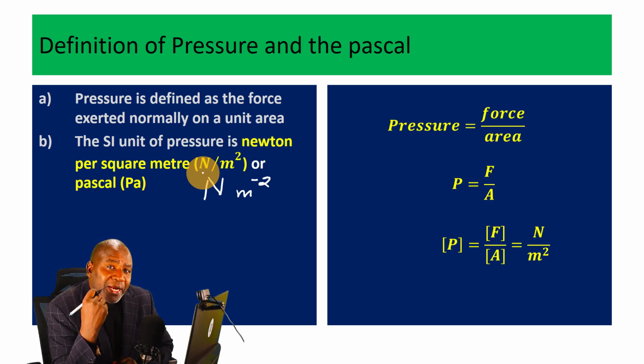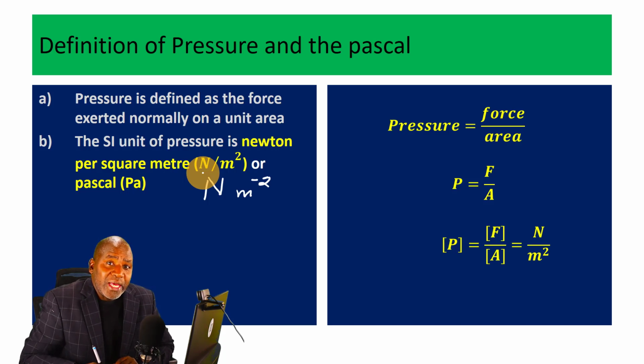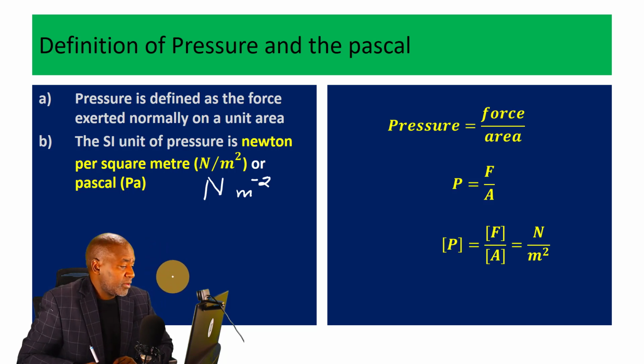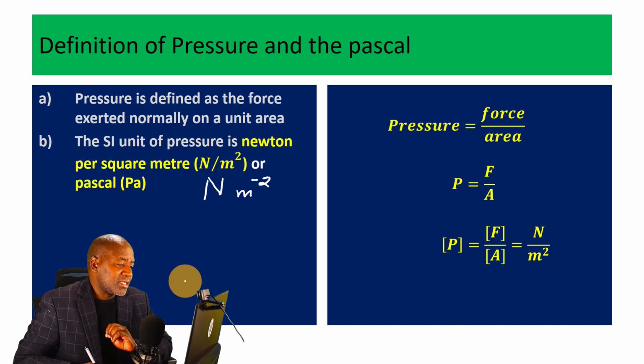So the same applies here, and I'm going to repeat it throughout our discussion in any topic where we encounter new SI units that are names of people. So understand, the SI unit of pressure is Newton per square meters or Pascal.